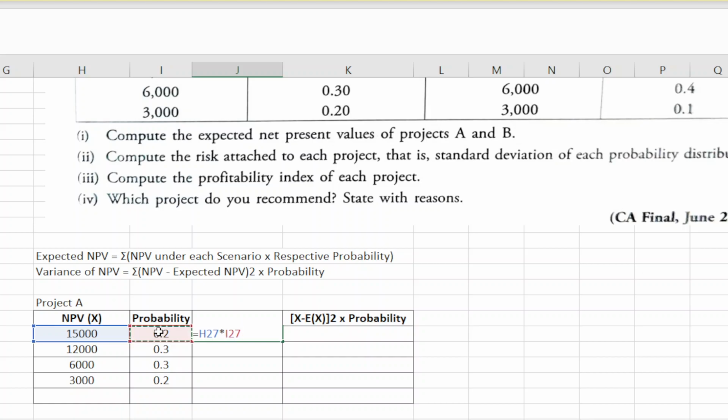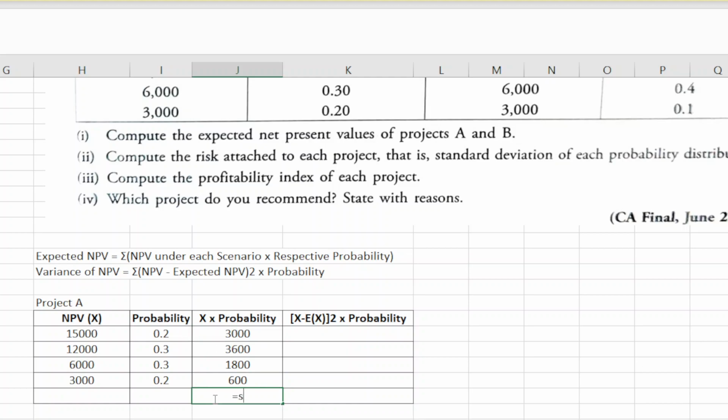I get the answer over there, right? So the same thing should repeat in all other columns as well. So what is that? 15,000 into 0.2, 12,000 into 0.3, 6,000 into 0.3 and 3,000 into 0.2.